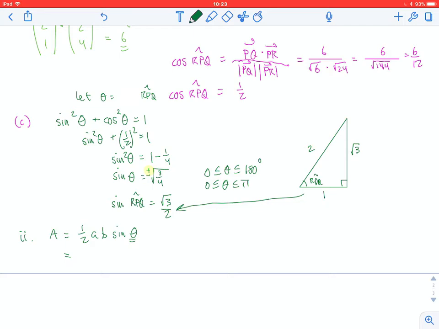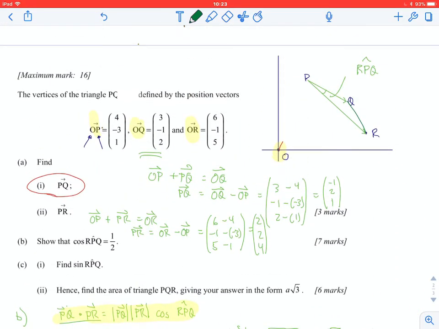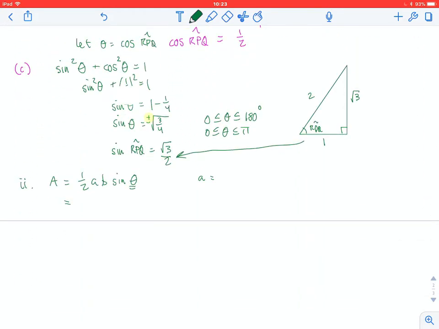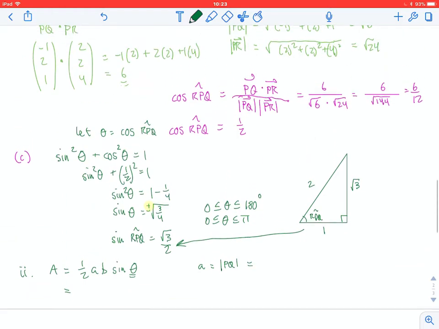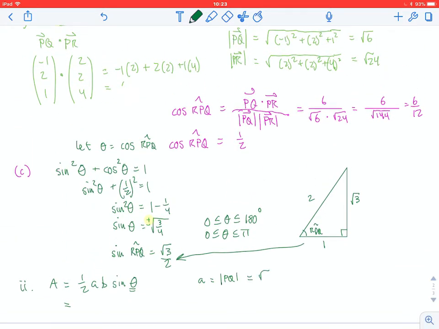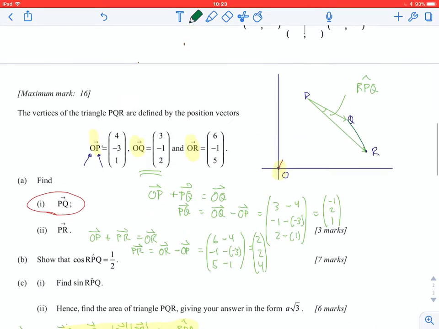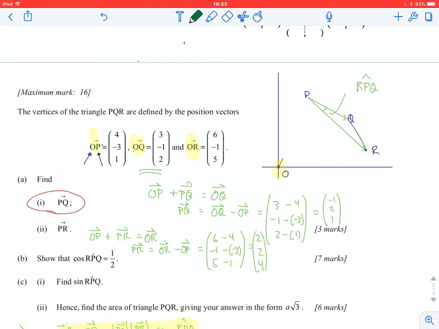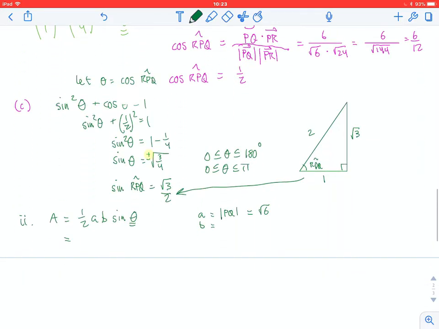And we know that in this case, A is going to be the magnitude of PQ, so we know that value from what we did up here. The magnitude of PQ is square root of 6. We know that B is PR, so that's the other side of the triangle surrounding angle RPQ.